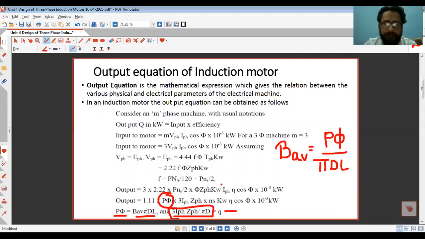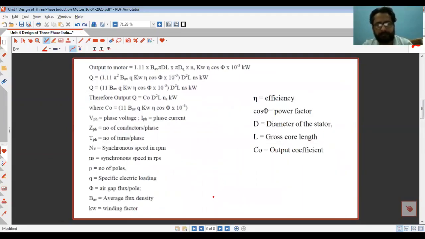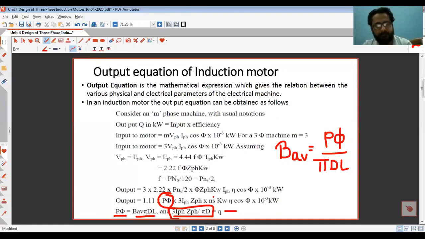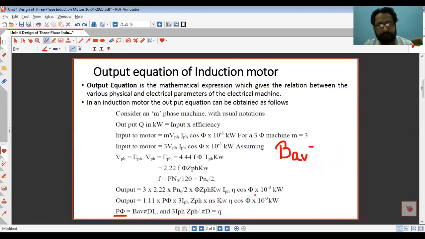If you see this one, what is this? This is phase current into phase impedance by πD. πD is the circumference basically.